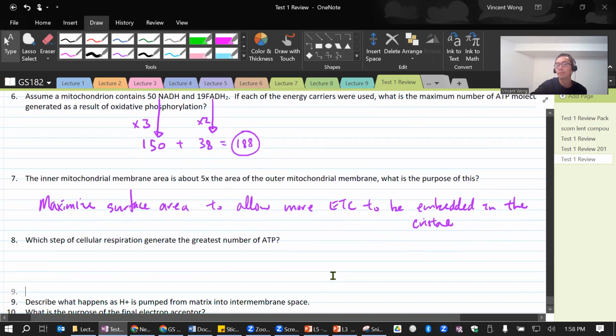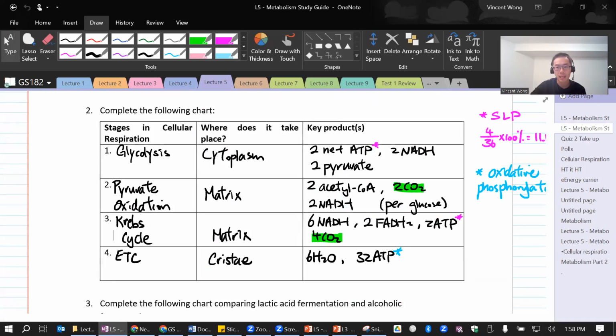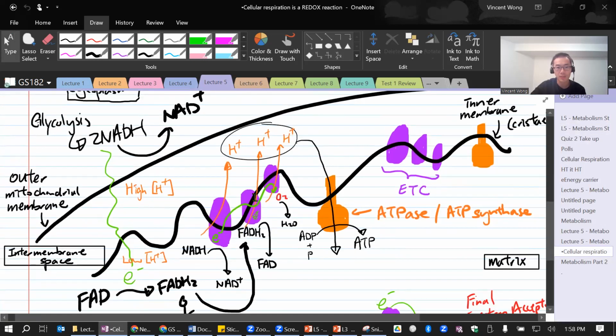What is the ETC again? The ETC is the electron transport chain. Okay, so from last class we had right here, this is the cristae. These purple circles, those are the electron transport chain.